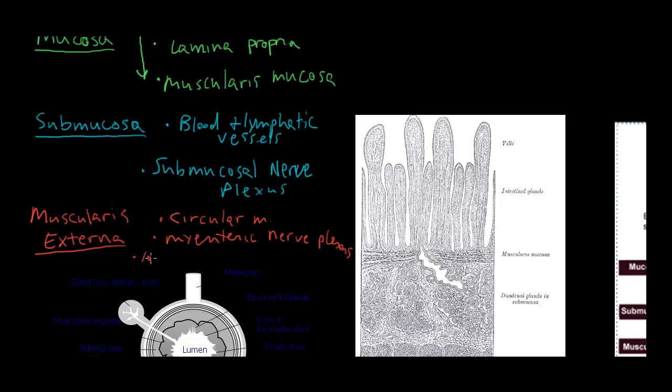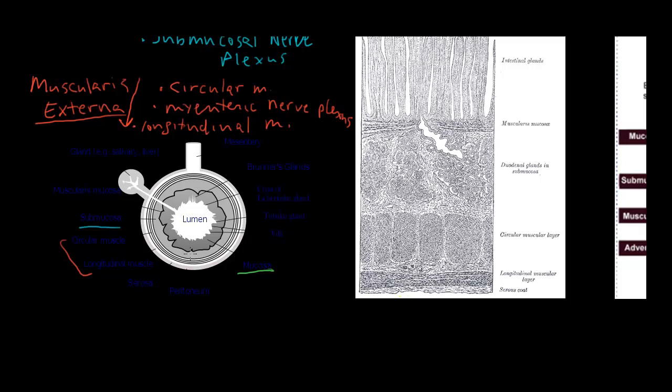And then we have a longitudinal muscle layer. So again, we're moving down, and it's in order: circular, and then the nerve plexus is sandwiched between the two muscle layers. And so we'll see that.